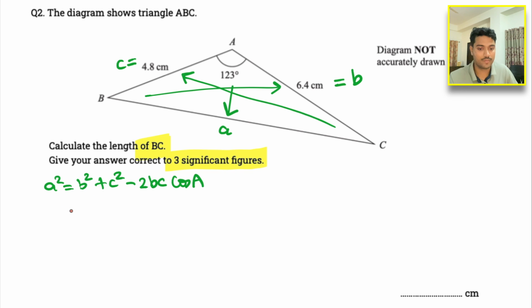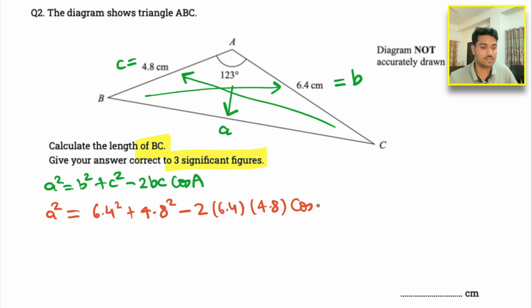And now let's substitute the values. So a square is equal to 6.4 square plus 4.8 square minus 2 times 6.4 multiplied by 4.8 cos capital A, which is the 123-degree angle. So let's solve this.